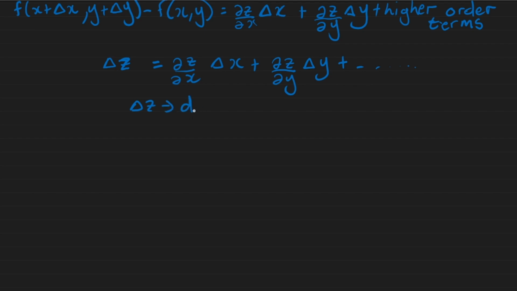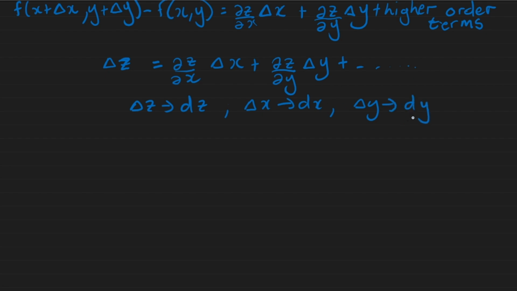So a small change in z, delta z, now becomes a differential change in z. That means an infinitely small change. So a small change becomes an infinitely small change. So once delta z approaches dz, delta x will approach dx, and delta y will approach dy.